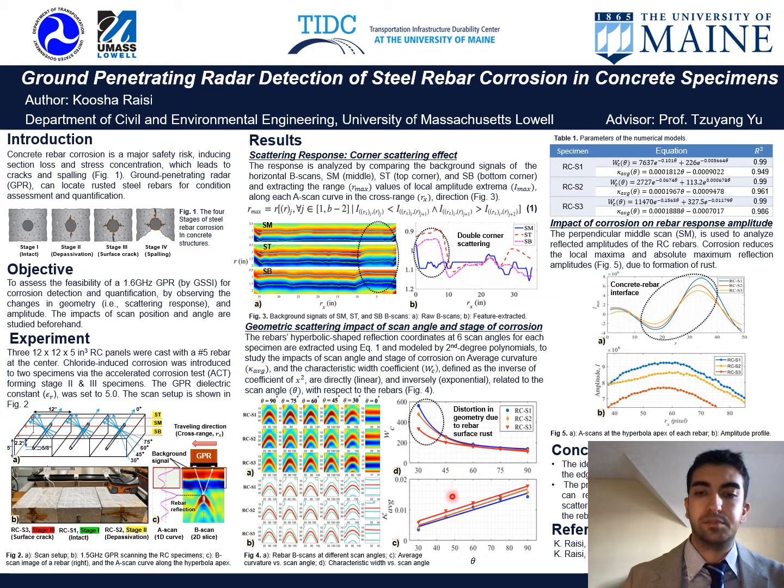They have different electrical properties than the original steel rebar, and therefore we have this different scattering pattern. So by these two parameters, geometry and amplitude, we can detect corrosion by using GPR in reinforced concrete specimens. Thank you.